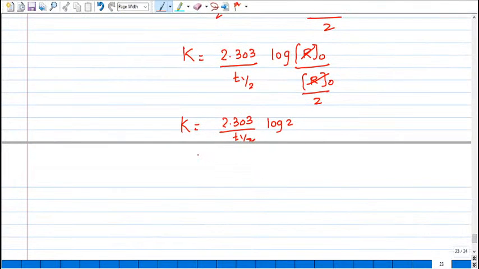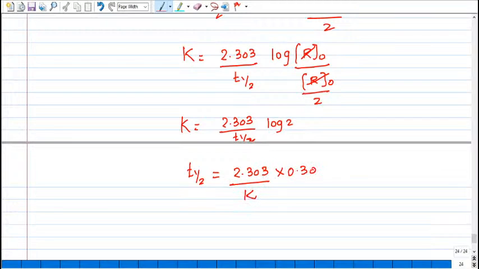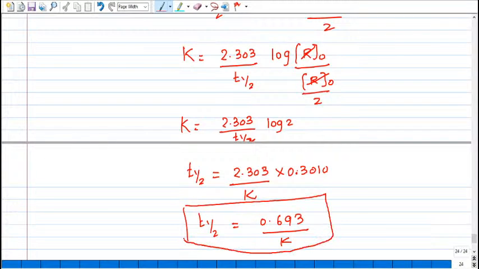See the value of log 2, and we can interchange this t half and K here like this. t half is equal to 2.303 by K and the log 2 value is 0.3010. If you multiply these two, we get t half is equal to 0.693 divided by K. So it's a very important formula to be noted, especially for 1 marks.